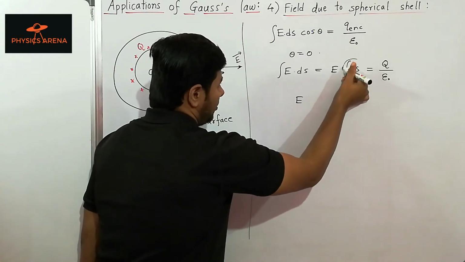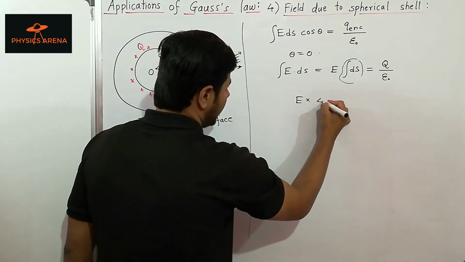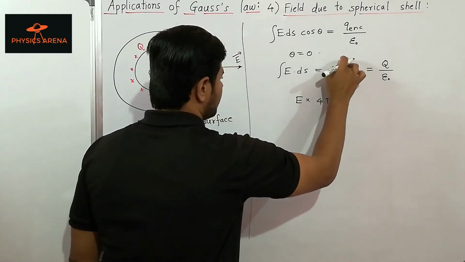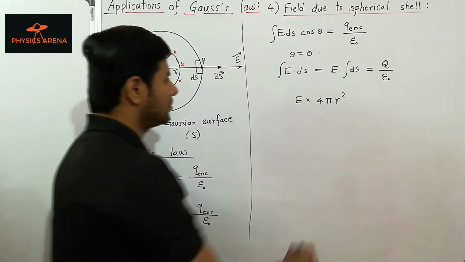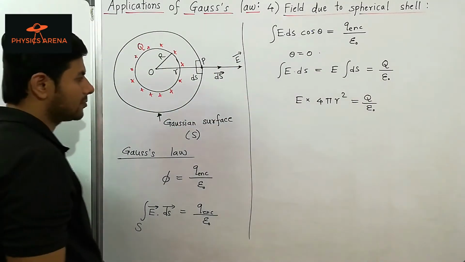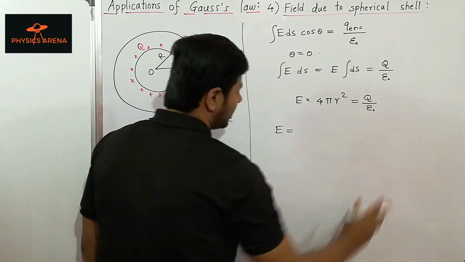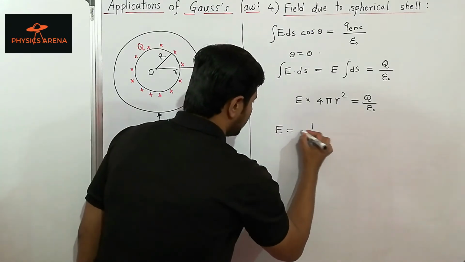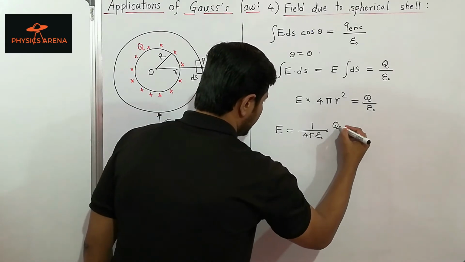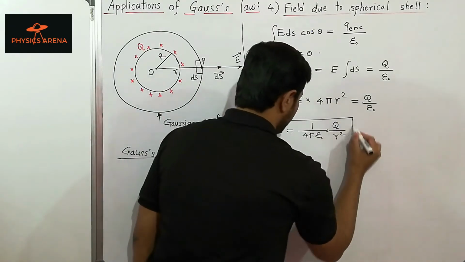Then this integral of ds over the Gaussian surface is just surface area of the Gaussian surface. So this integral is just 4 pi r square, that is equal to Q divided by epsilon naught, and therefore E is equal to, we can take 4 pi r square on the other side, so 1 over 4 pi epsilon naught into Q over r square, as simple as that.